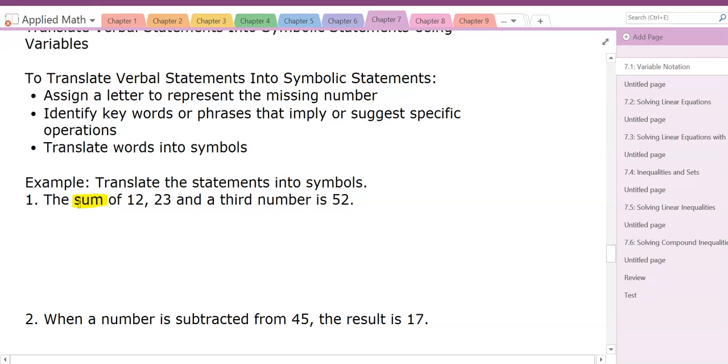There are two numbers, a 12 and a 23, and then there's a third number that we don't know. This is the unknown, the variable. So I'm going to do 12 plus 23 plus some third number. We could call it x, we could call it n, we could call it w, whatever letter you want. Is is always a word for equals 52. So that would be the equation.